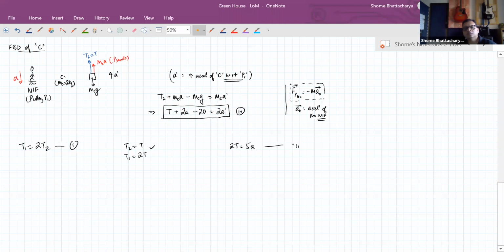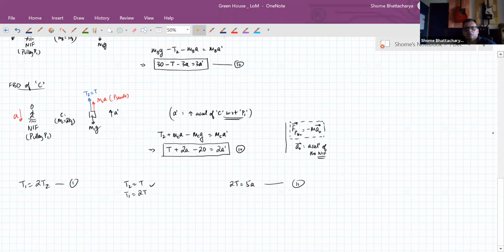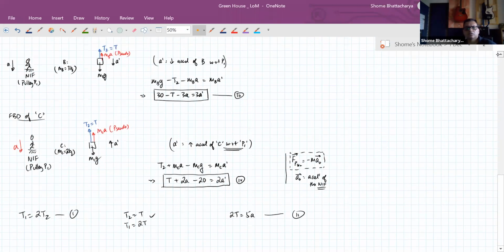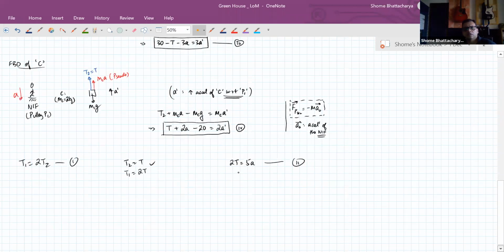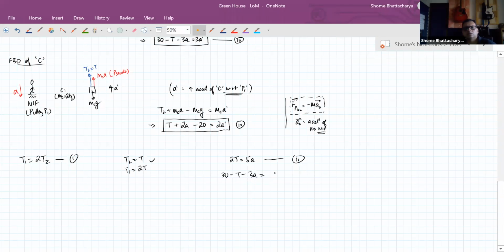Then the third equation was this one: 30 minus T minus 3A is equal to 3A prime. Okay. And this fourth one we just have right now, that T plus 2A minus 20 is equal to 2A prime.